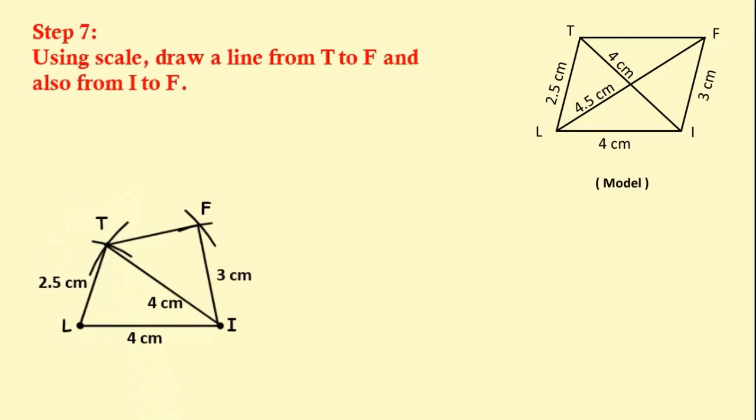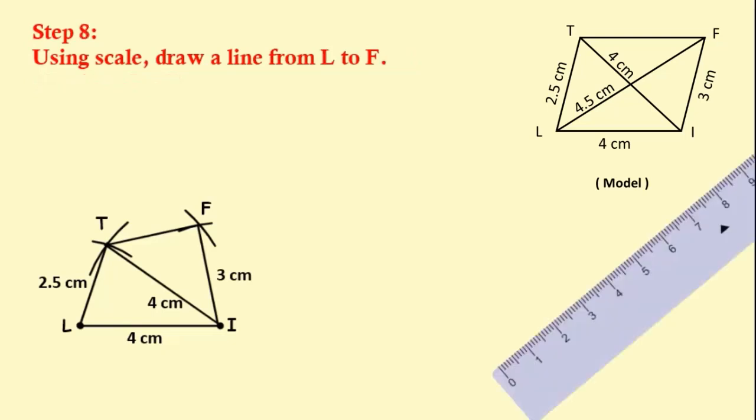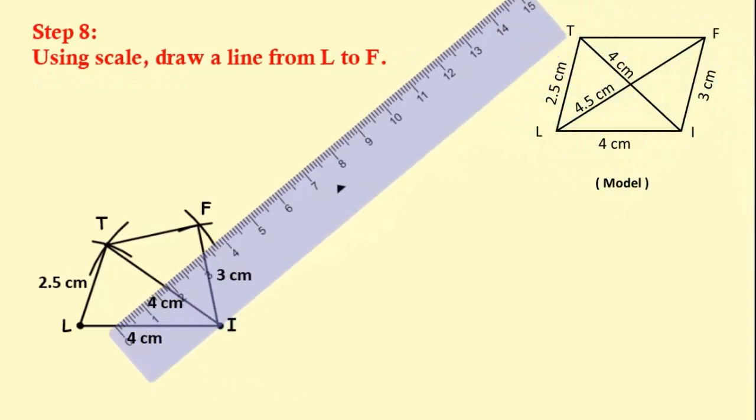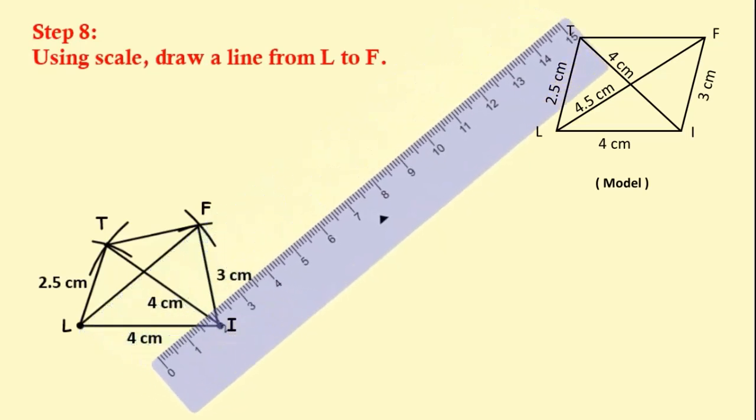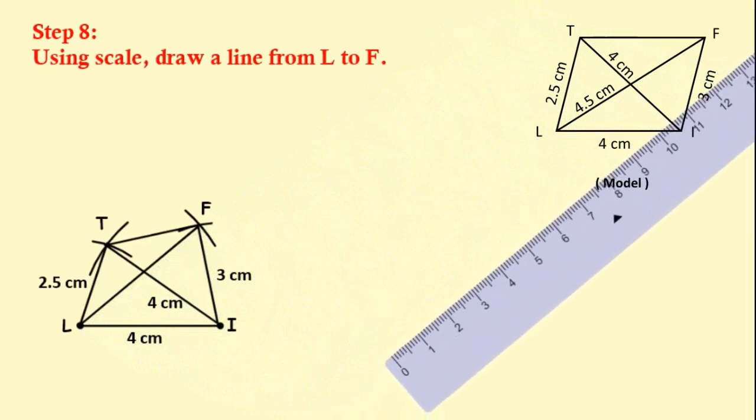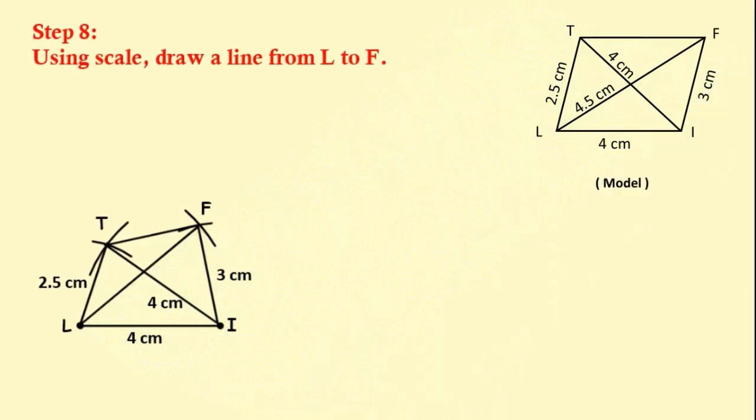The length of TF is not given, so we do not write the length of TF. In the eighth step, we join the points L and F by a straight line, so that is our diagonal. And we write the length of the diagonal, which is given 4.5 centimeter.